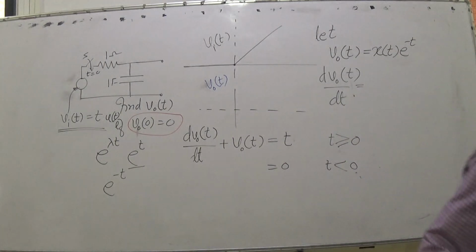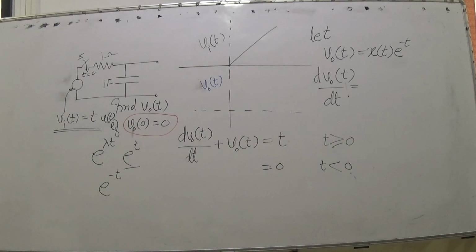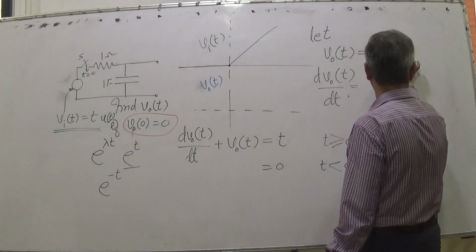dVOT by dt can be found in a simple way just by writing the formula for the derivative of a product term. So the derivative of the product term will become this into derivative of this.